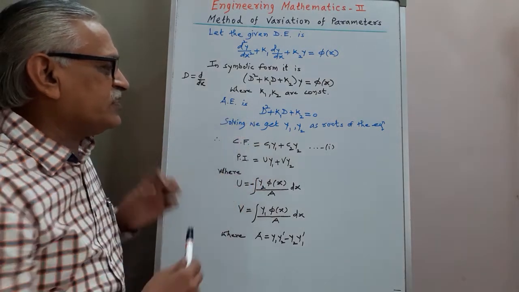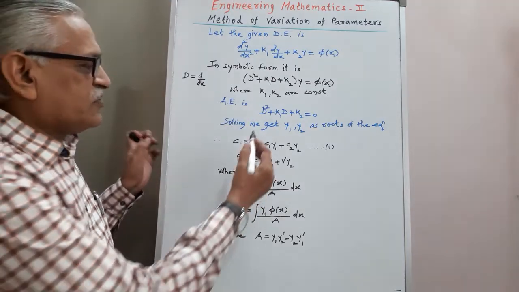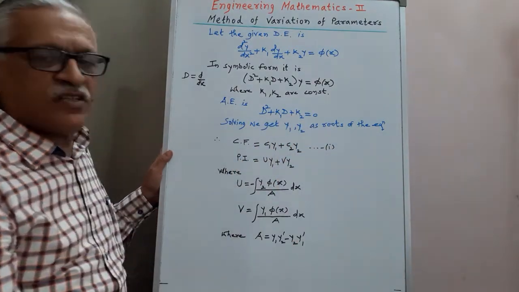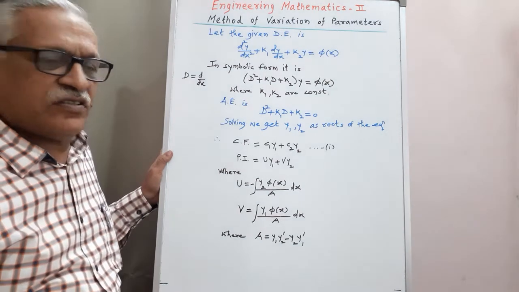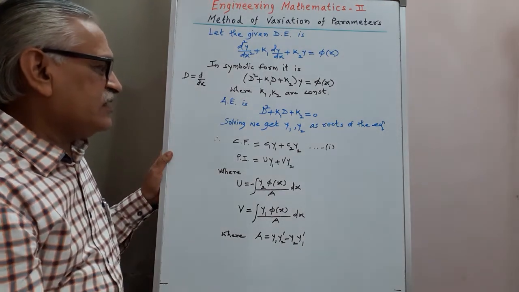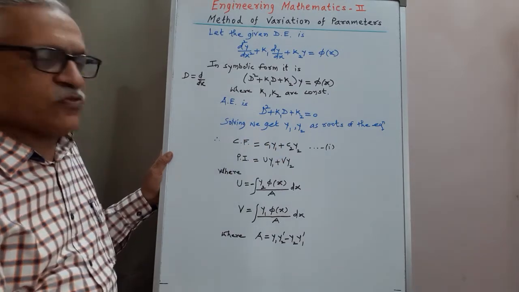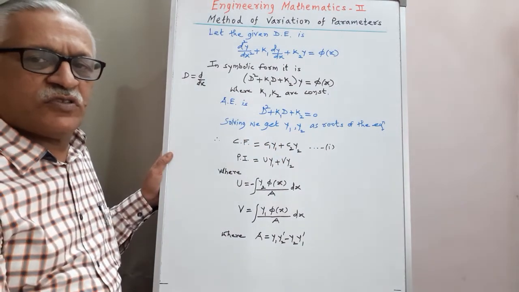Its auxiliary equation is D square plus k1 D plus k2 equals 0. Solving it for D, we get the roots as y1 and y2. Suppose these are the two roots.